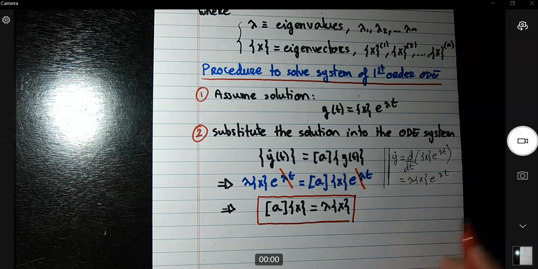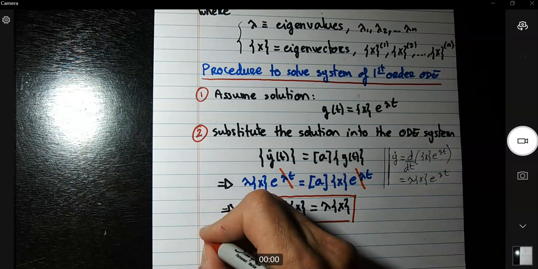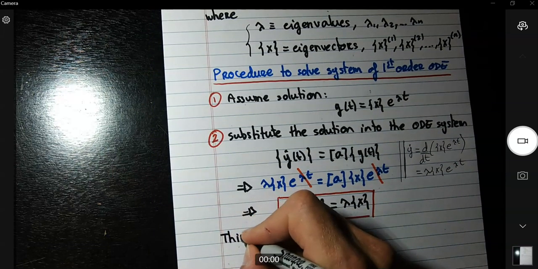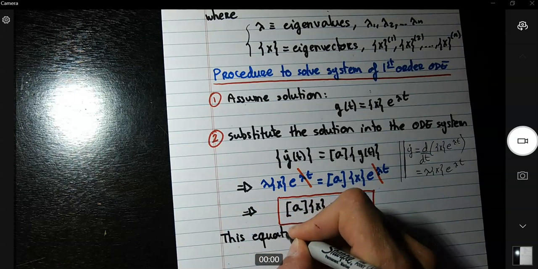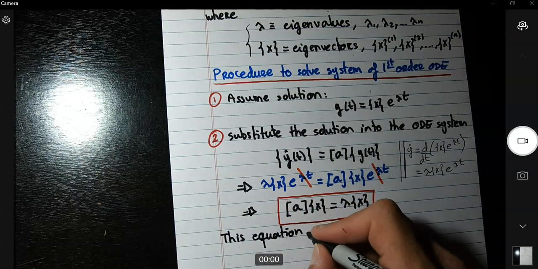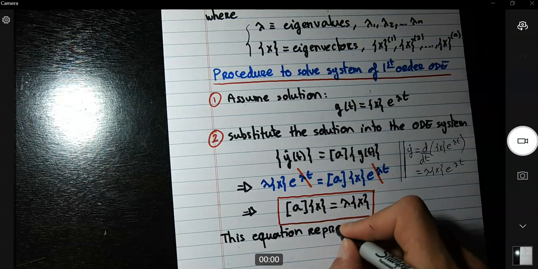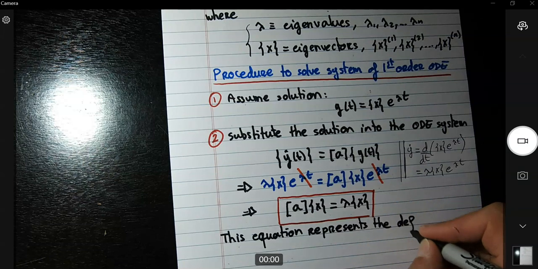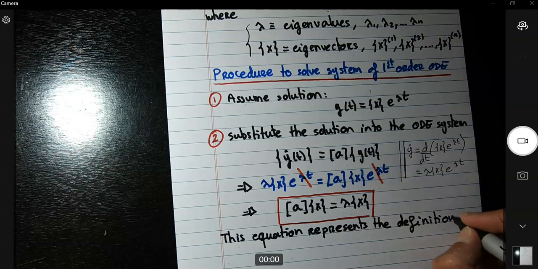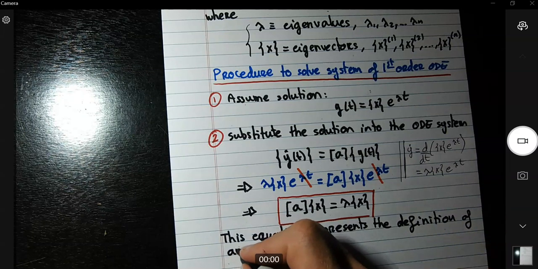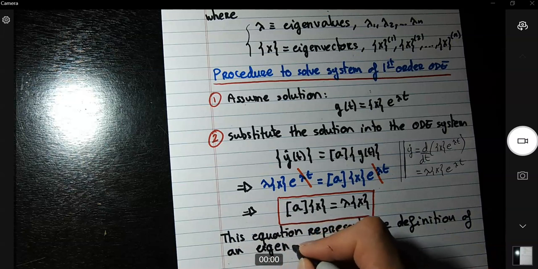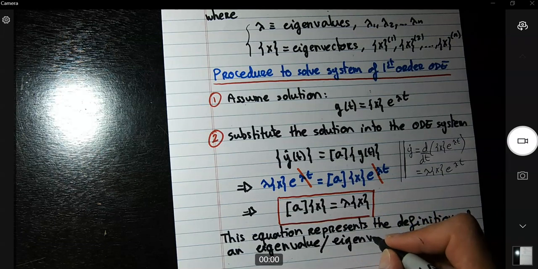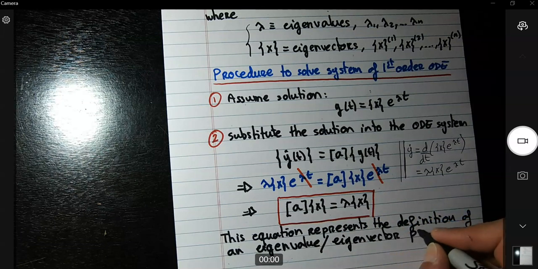Okay, so that's an interesting equation, because this equation represents the definition of an eigenvalue/eigenvector problem.